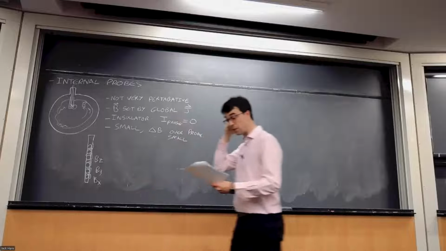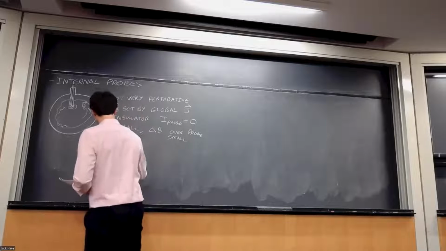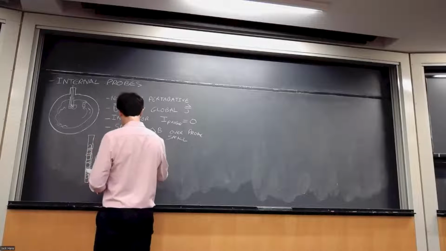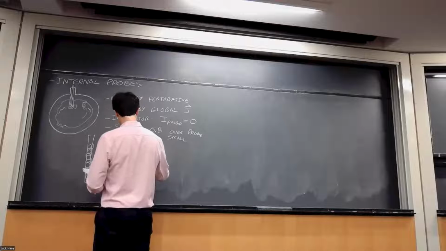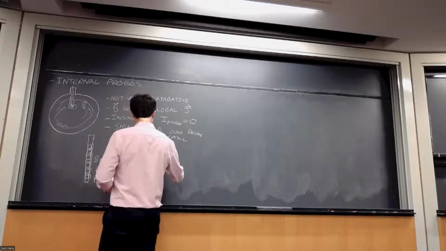So you'll be able to get all three of the axes here. And the nice thing about that, you put these all together, you can find out what the current is locally inside your plasma because the current is simply 1 over mu naught curl of B.